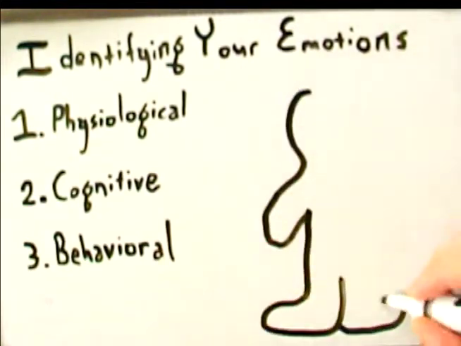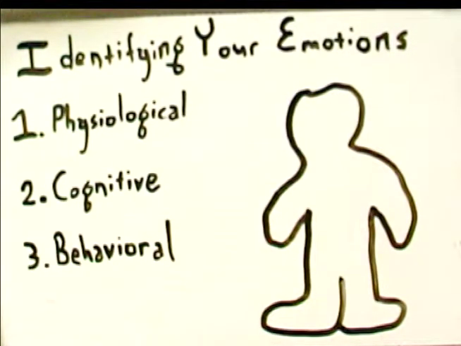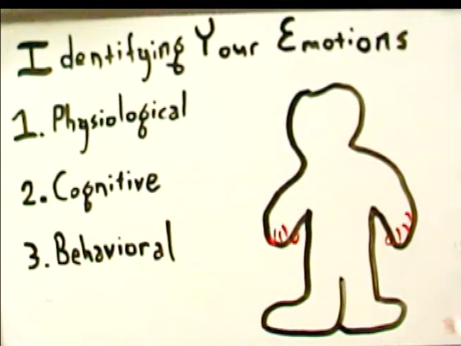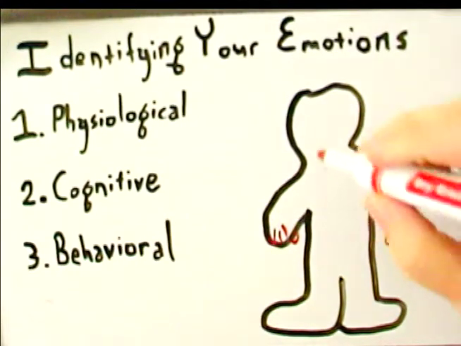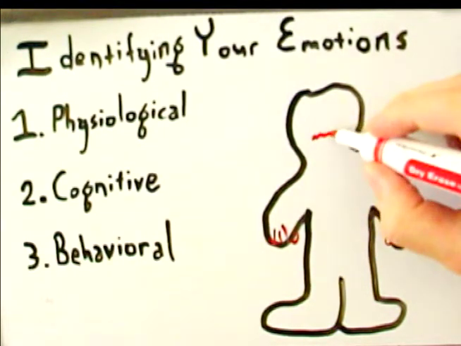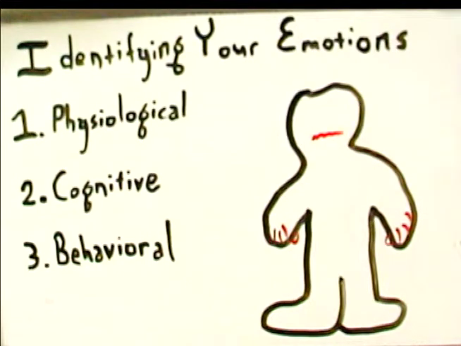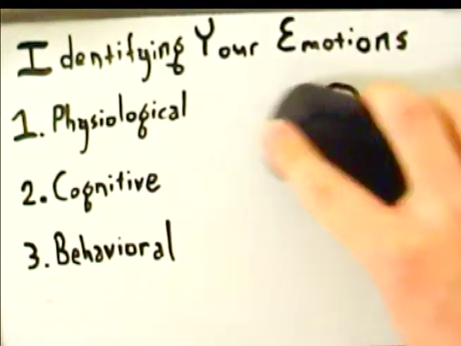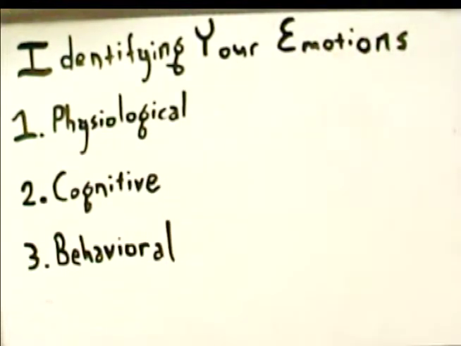When we're feeling intensely emotional or angry or maybe even anxious, we might clench our fist, clench our jaw, move our arms or pace. But there are a lot of different identifiers for different emotions, and it's different for everybody. So what you need to do to identify your emotion is pay attention to yourself and identify what things in these three categories fit you in different emotions and situations.